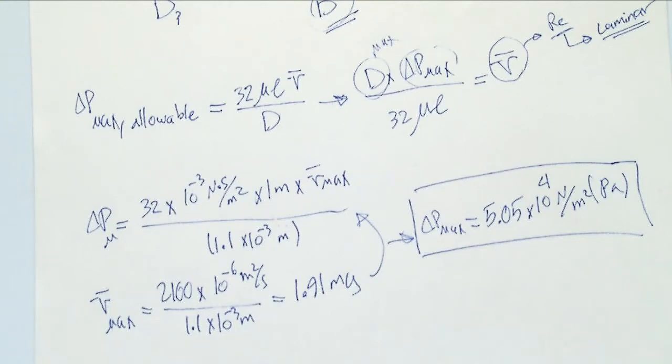But if you are just transferring the flow from one point to another, you don't want dissipation of energy because of the turbulence. So you want a maximum allowable delta P, which is a pressure drop, and a maximum allowable velocity to stay in laminar flow, because you're not doing the heat transfer by transferring the fluid.